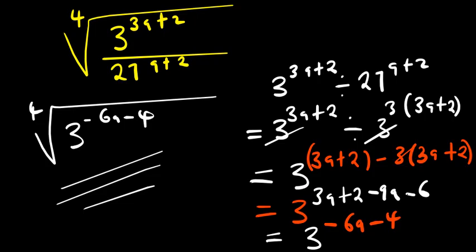Okay, so at the end of this video, like I earlier said, I'm going to leave you with a question so you can, in your free time, solve this one. Solve and simplify.